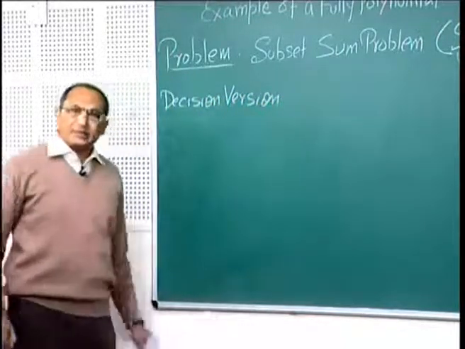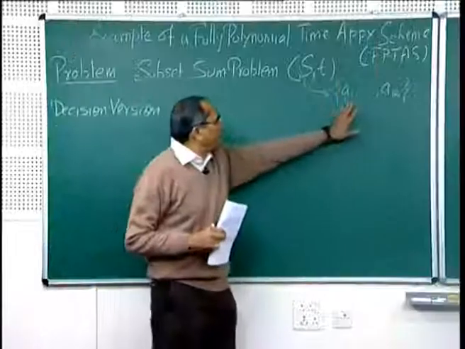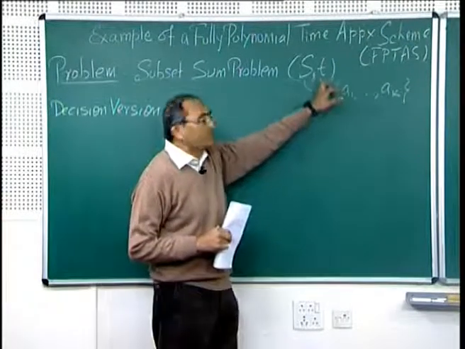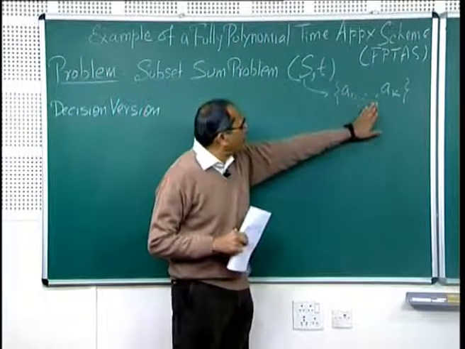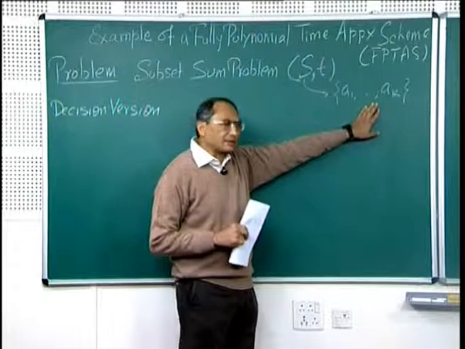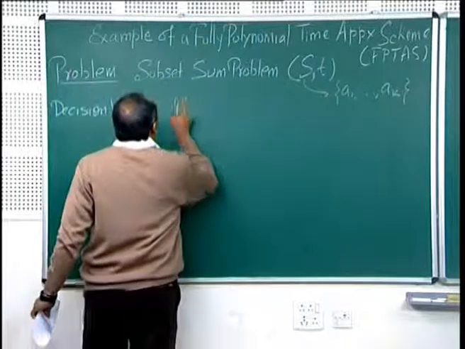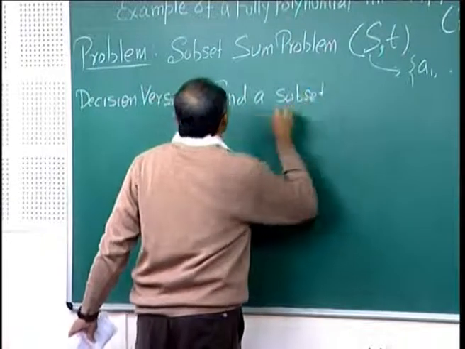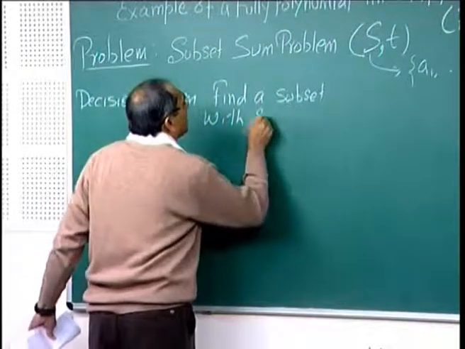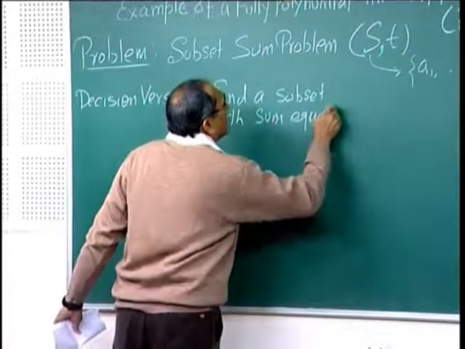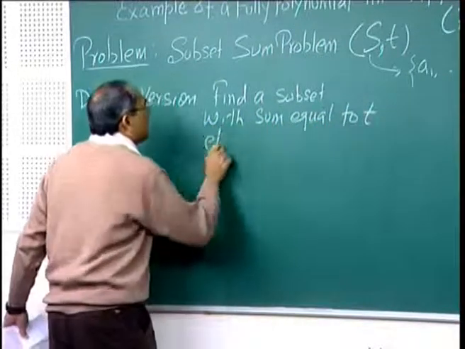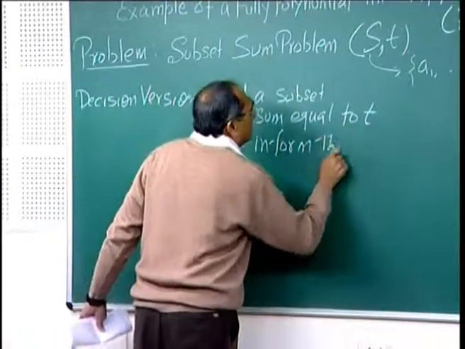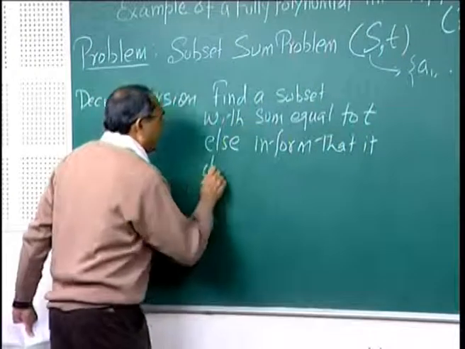The decision version says: find a subset of S whose sum is equal to t, and if no such subset exists, then inform that it does not exist.